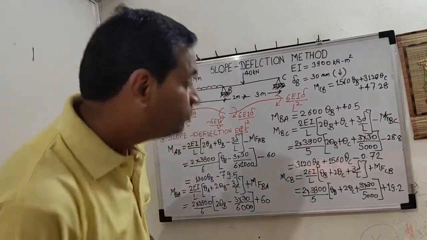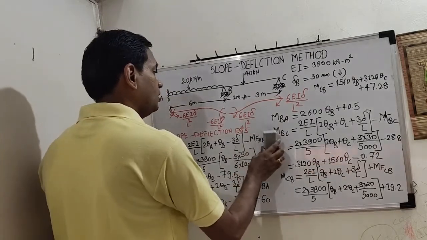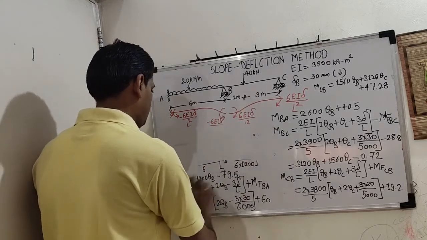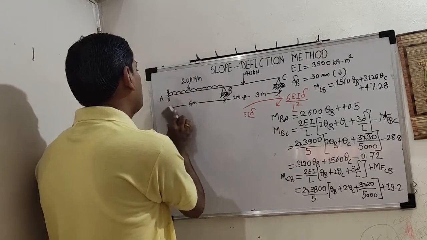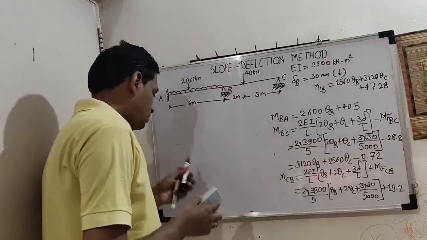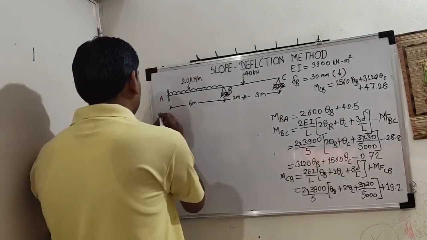Now there are next steps. So step 4 will be equilibrium equations.